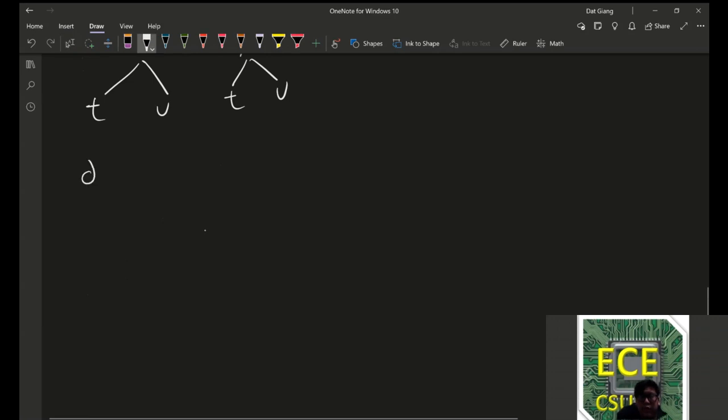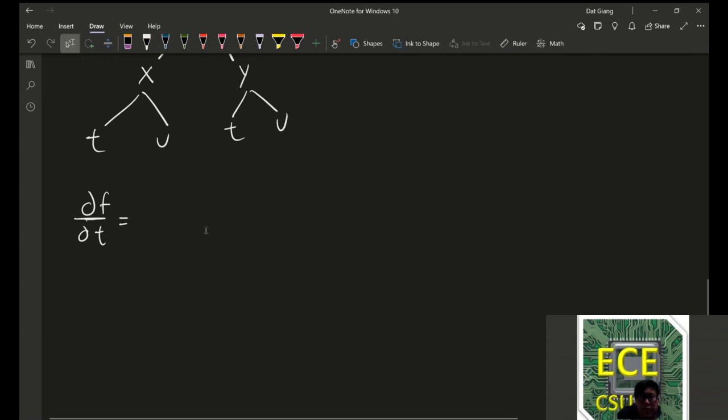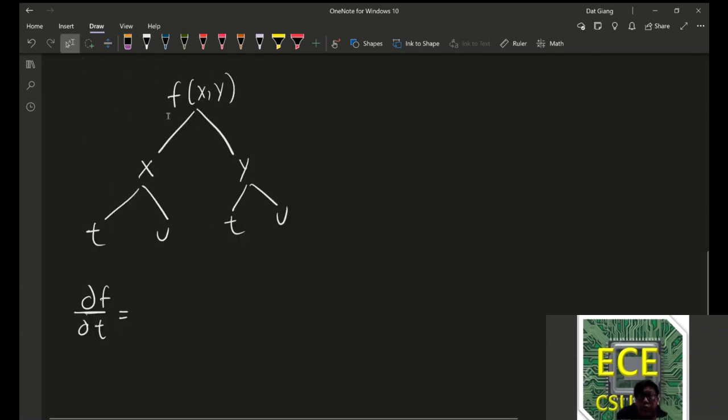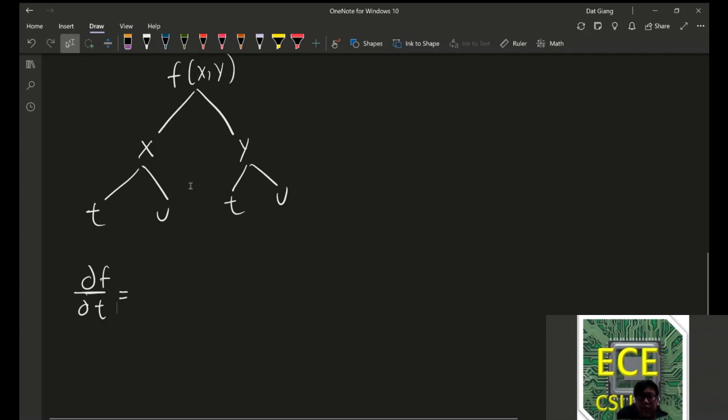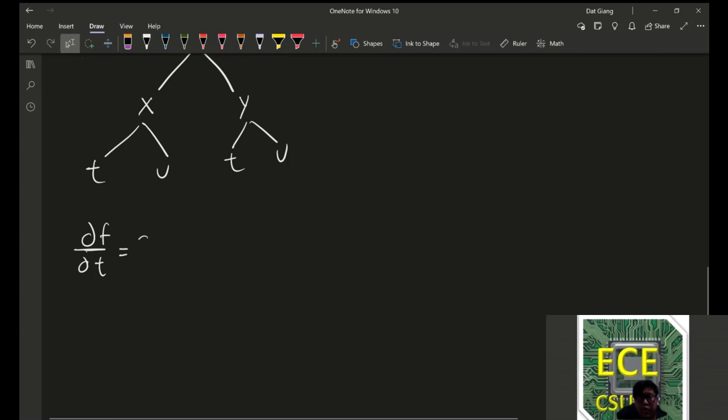So let's suppose we are asking, what's the partial derivative of f with respect to t? Well, we first look at every branch wherever there's x. So first we have f, and then it goes into the branch of x. So we have the partial derivative of f with respect to x, and x branches one more time, so we have the partial derivative of x with respect to t.